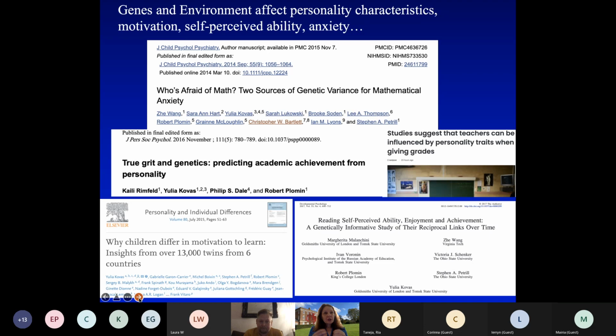These publications show that both genes and environment affect personality characteristics, motivation, self-perceived ability, and even things like anxiety or even specific anxieties. Like in this paper, we're looking at a phenomenon called mathematical anxiety. This is a severe emotional response to situations where you need to make numerical operations.